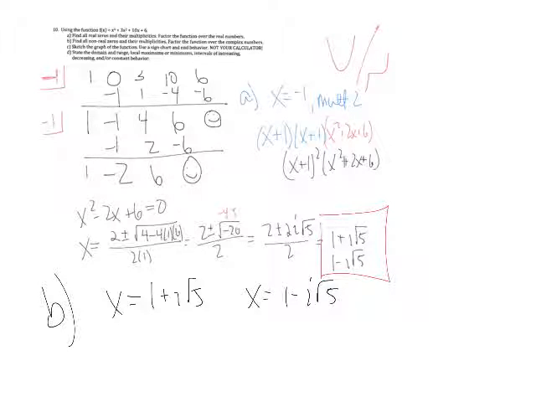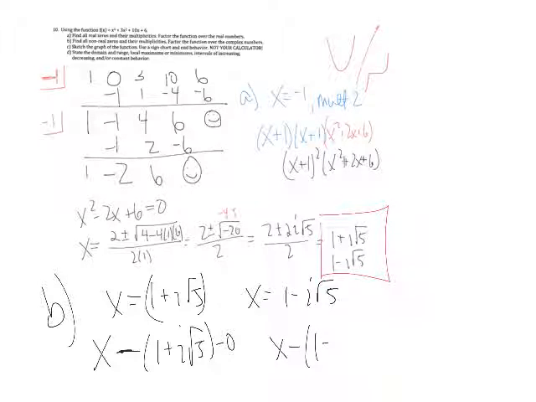And so what I'm going to do is really subtract all of this from x. So x minus this equals 0, and x minus 1 minus i radical 5 equals 0.